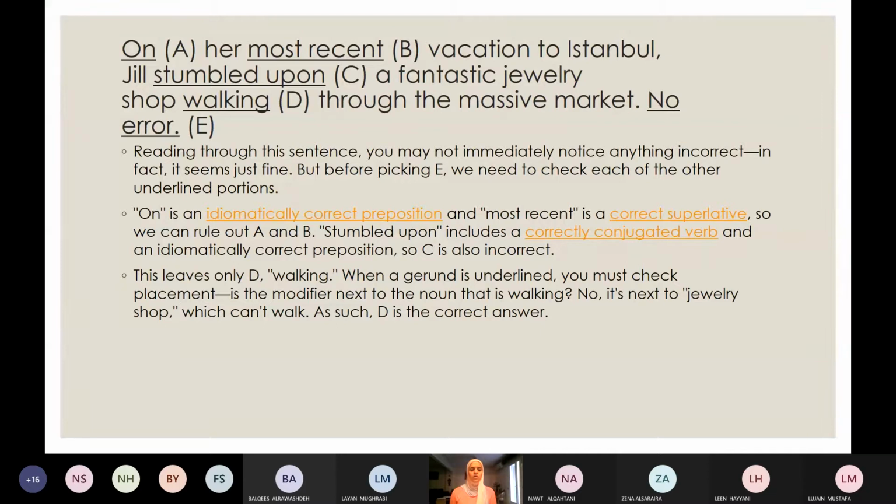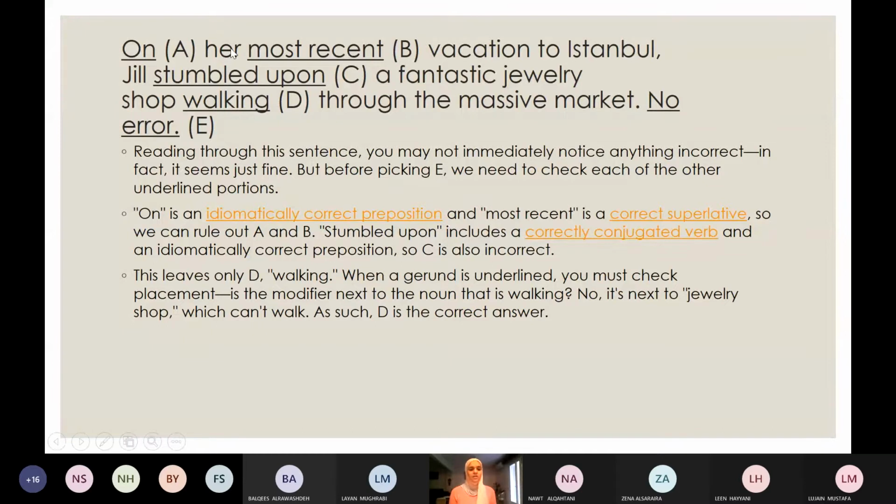No, on is A, most recent is B, stumbled upon is C, walking is D, no error is E. Yes, it's the walking. Why? Because it is here modifying the jewelry shop, and it should modify her.